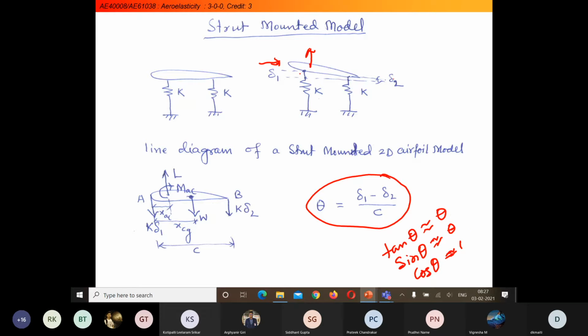Okay. Basically, if you look here, I have taken delta 1 minus delta 2 in terms of the triangle.